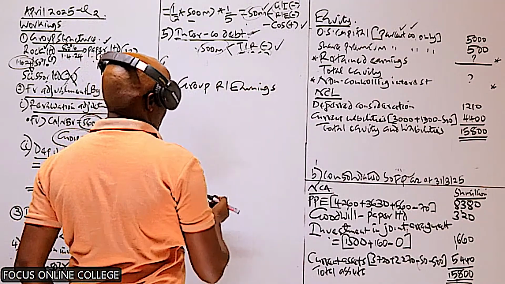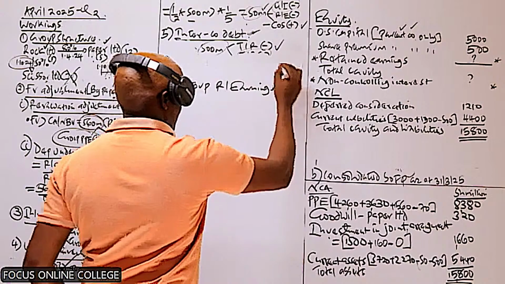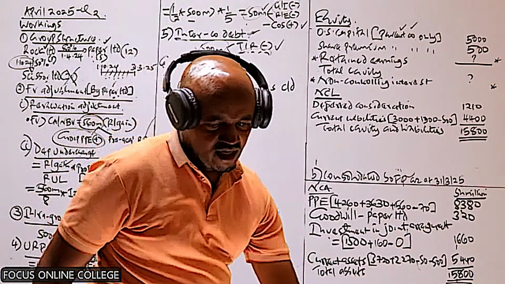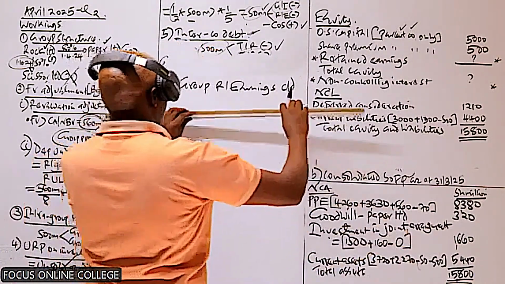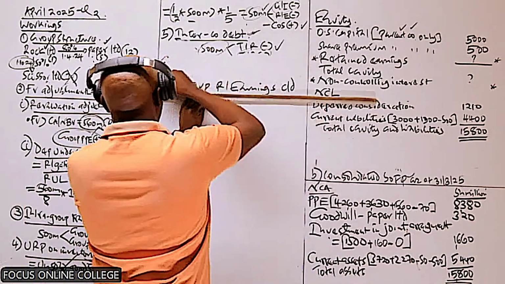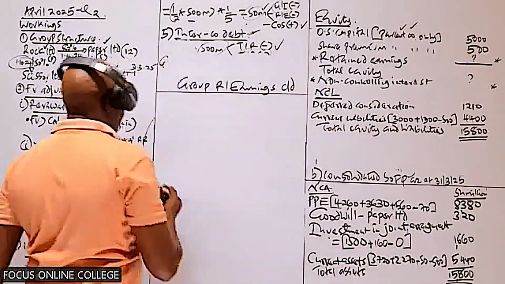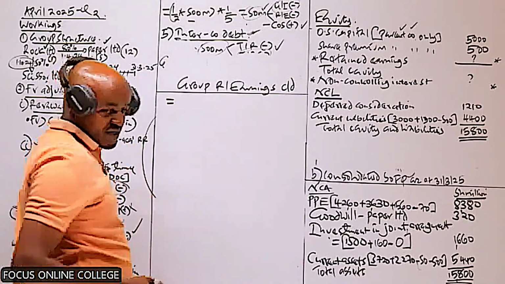The group retained earnings at the end of the year, that is carried down. So how do we compute this? The first thing you need to remember is the formula.